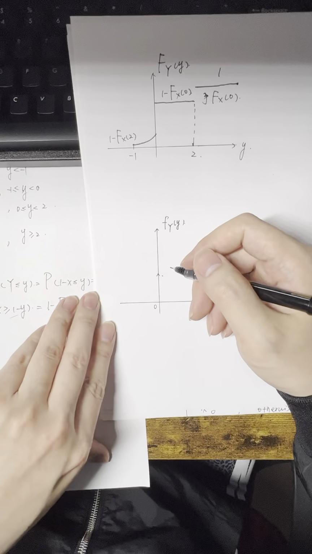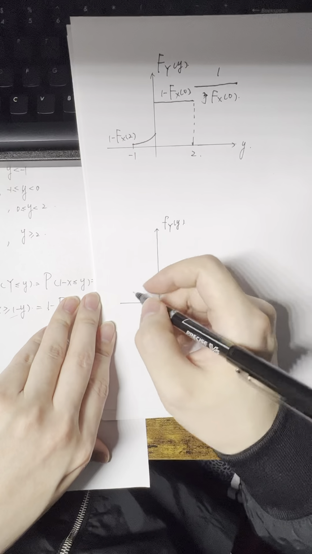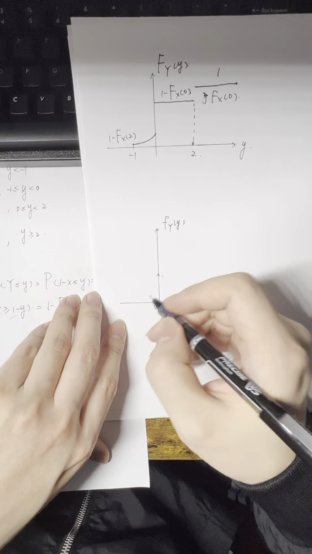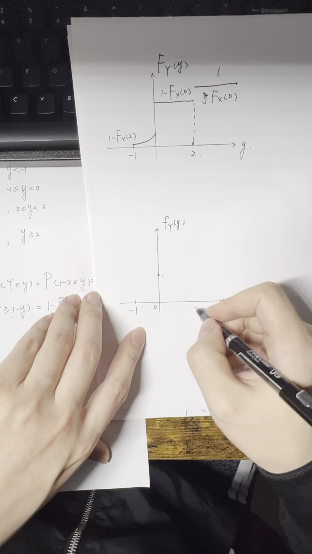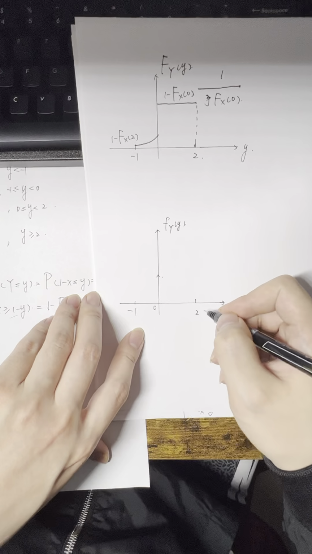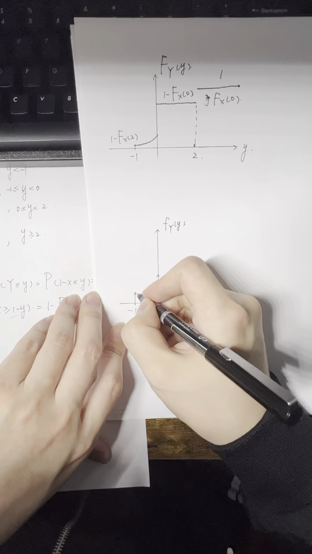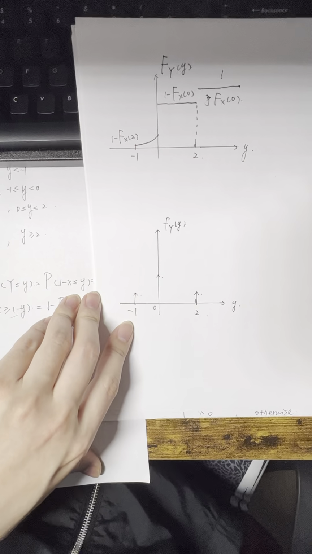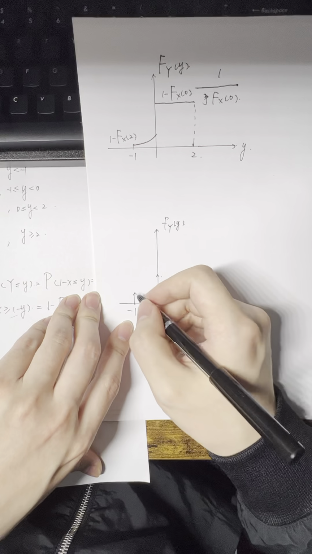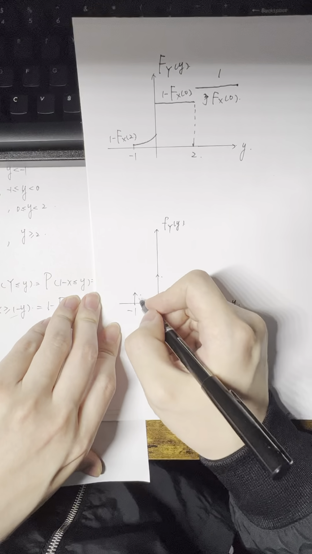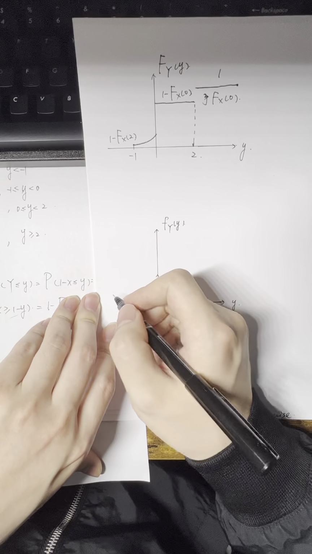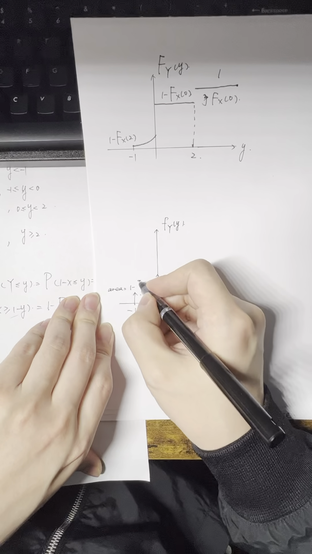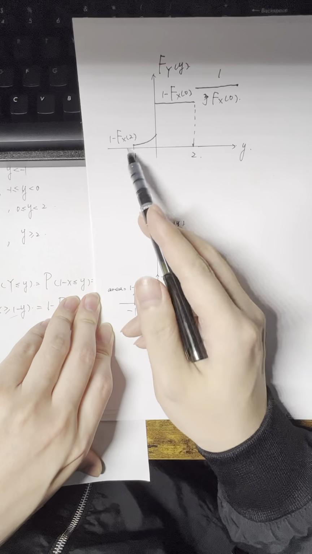Now let's draw the figure of its density function. We could draw 3 impulses first, at Y equal to minus 1, 0, and 2. The area when Y equals minus 1 is 1 minus F_X(2).